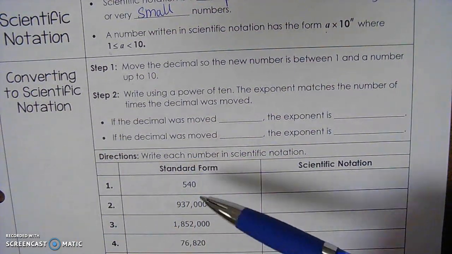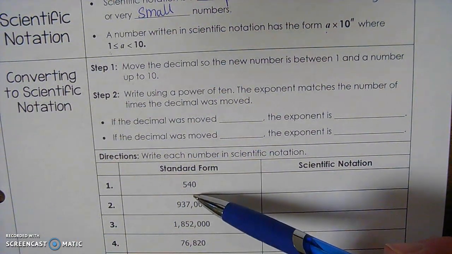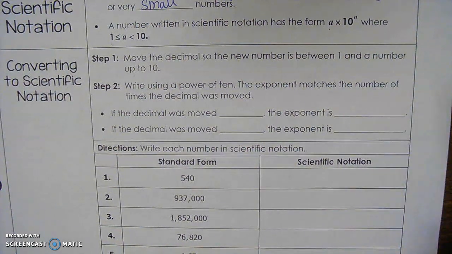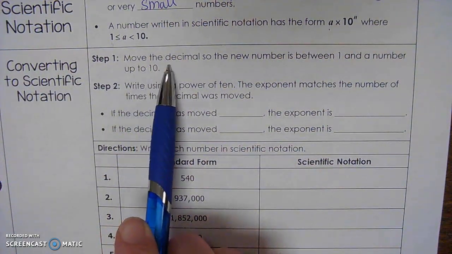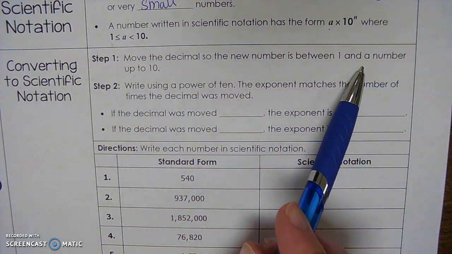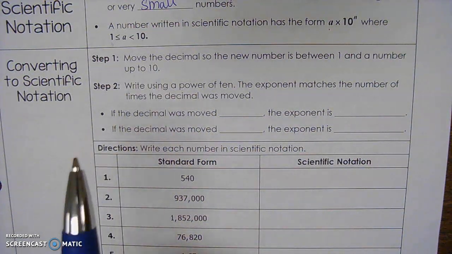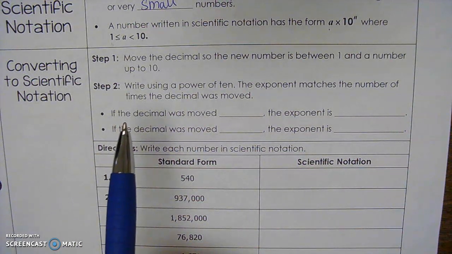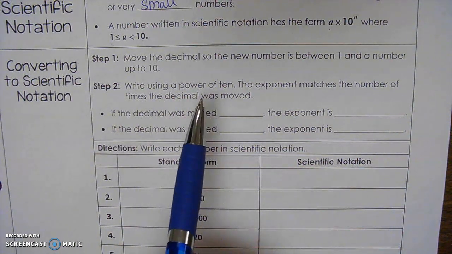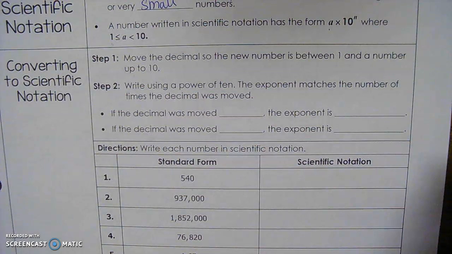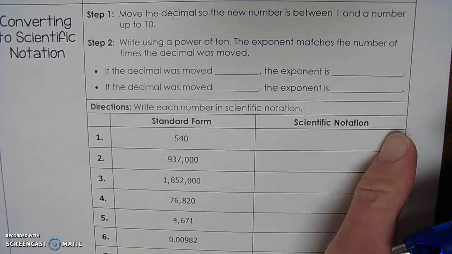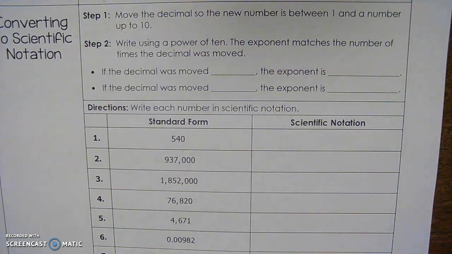If you have a standard form, it's just our regular numbers, and you're moving it into scientific notation, you move the decimal so the new number is between 1 and 10. So you have to have one number and then the decimal point. Then you write your power of 10 so that the exponent matches how many times the decimal was moved.